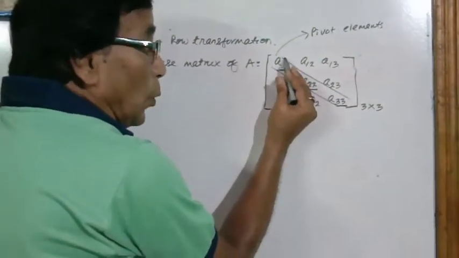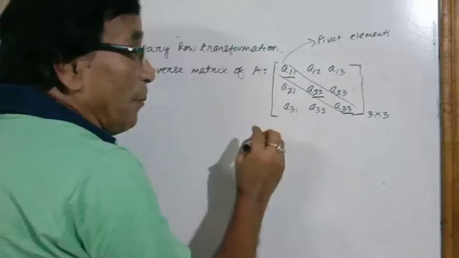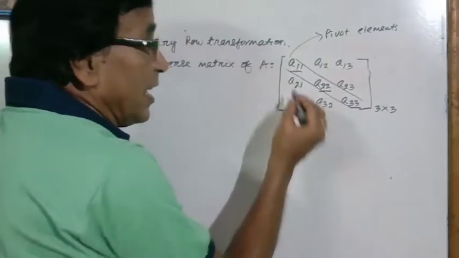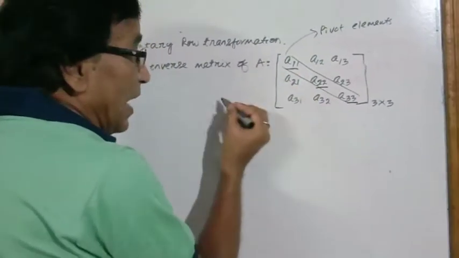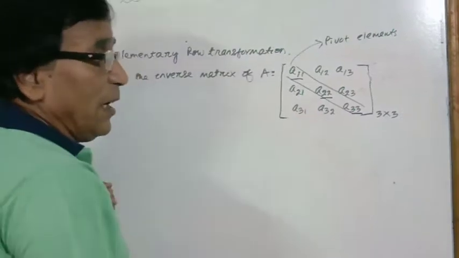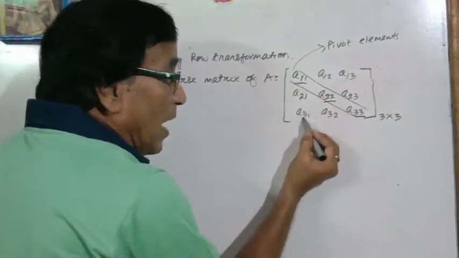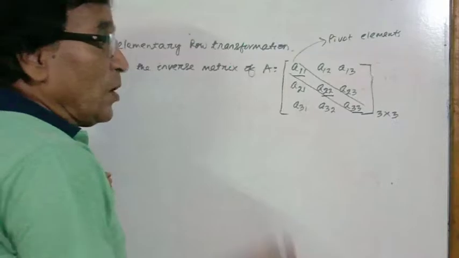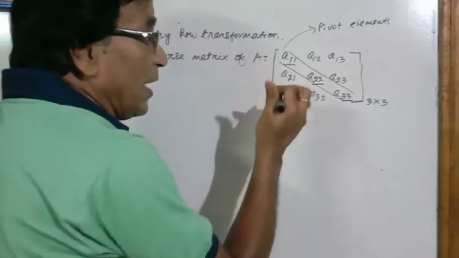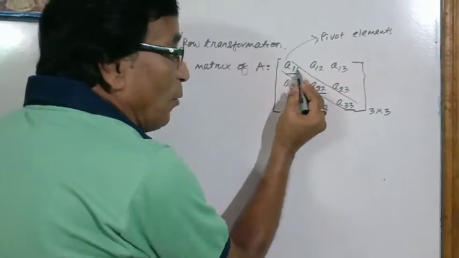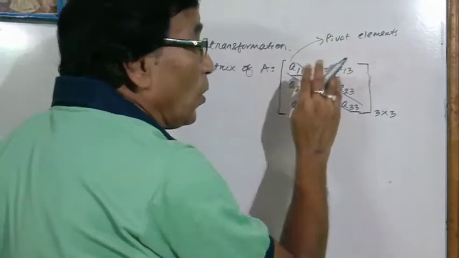If it is zero, then remember that we will interchange any two rows. Either the first row and second row can be interchanged, or the first row and third row can be interchanged. So your duty is to verify whether the pivot element A11 is non-zero or not.